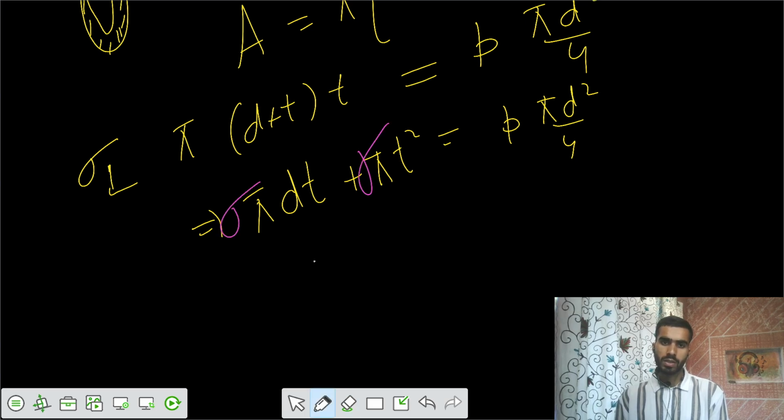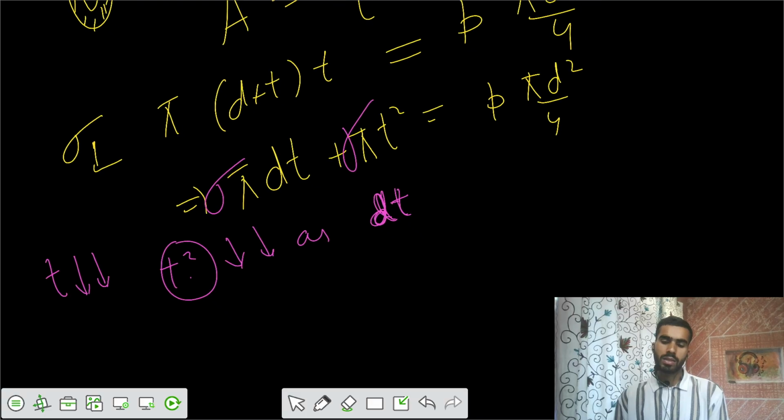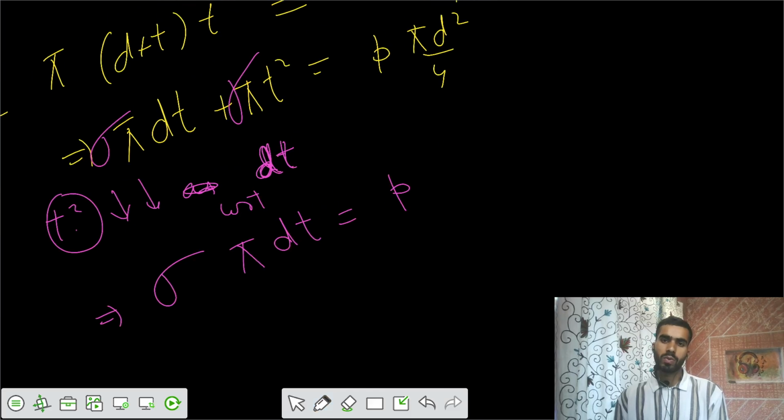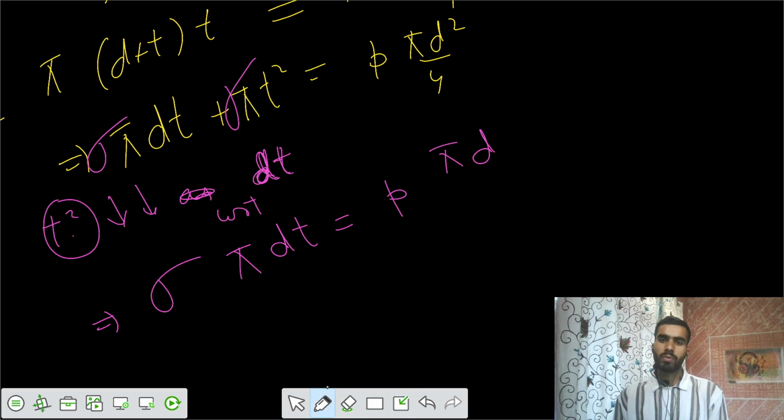We say that your thickness is very, very less. So t square is very, very less as compared to d into t, because there is some diameter but the thickness is very less. So this is negligible with respect to dt. Then we can say finally sigma long times pi dt equals P times pi d square by 4.